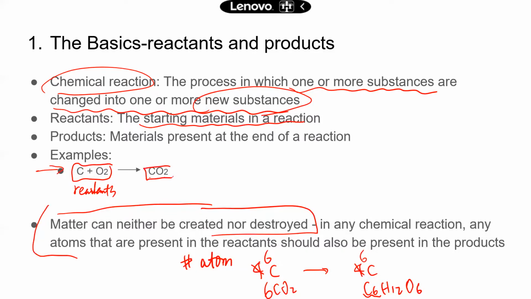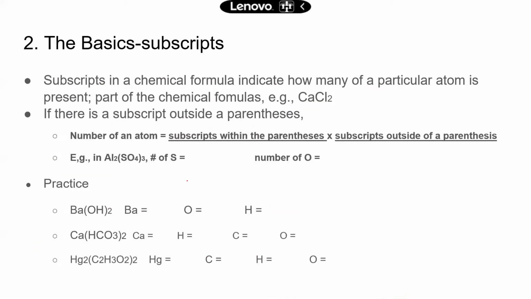So in this case, carbon dioxide will be the only product. So when we talk about balancing chemical reactions, I will probably say the reactant side or the product side, and that's what I mean. The reactant side is the beginning of the chemical reaction, and the product side is the end of the chemical reaction.